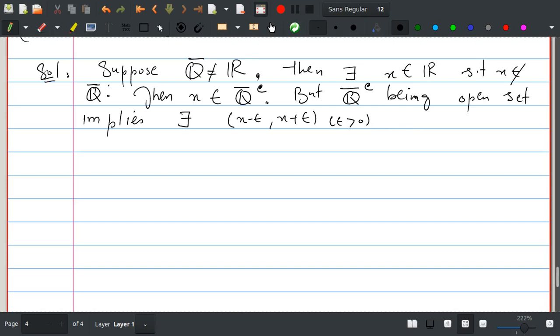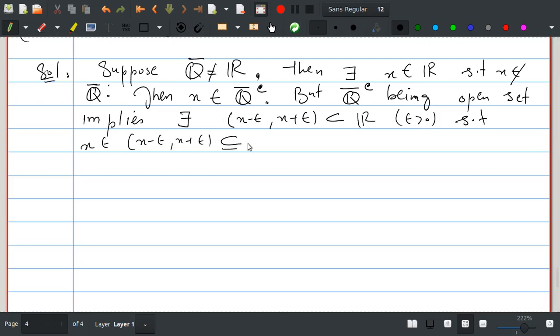So there is an open interval of R, epsilon is positive, such that X is in (x minus epsilon, x plus epsilon), and this open interval is contained in Q closure complement. But this Q closure complement means, by Q closure we mean Q union Q prime, and we take the complement.